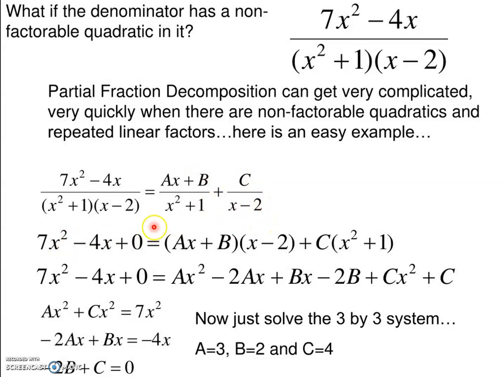So cross multiplication again starts and the common terms get cancelled. So I directly take 7x square minus 4x plus 0. Why do we have to take 0? Let us check. (ax plus b) into (x minus 2) plus c into (x square plus 1).